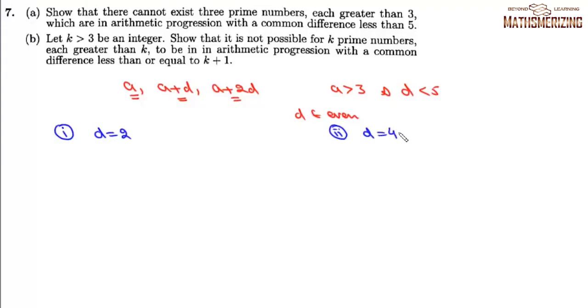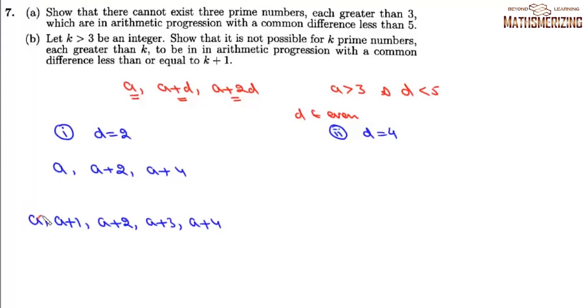Now if we take d as 2, then the series is a, a plus 2 and a plus 4. Now we consider these 4 numbers a plus 1, a plus 2, a plus 3 and a plus 4. At least one of them is divisible by 3.